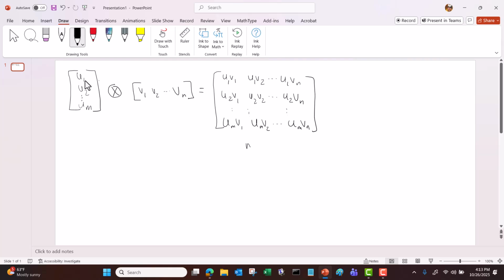So this is what we call an m by n matrix. This is a 1 by n vector. And this is an m by 1 vector, where the first number in each one of these is the number of rows, and the second number in each one of these is the number of columns.